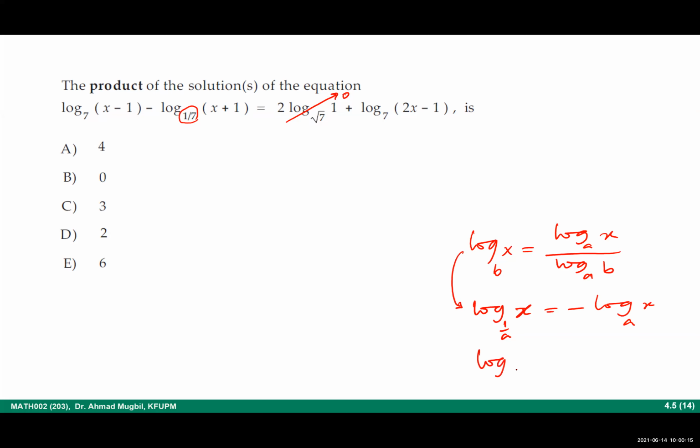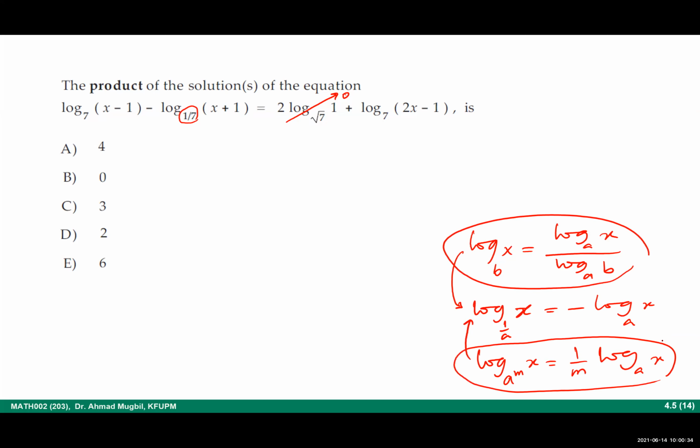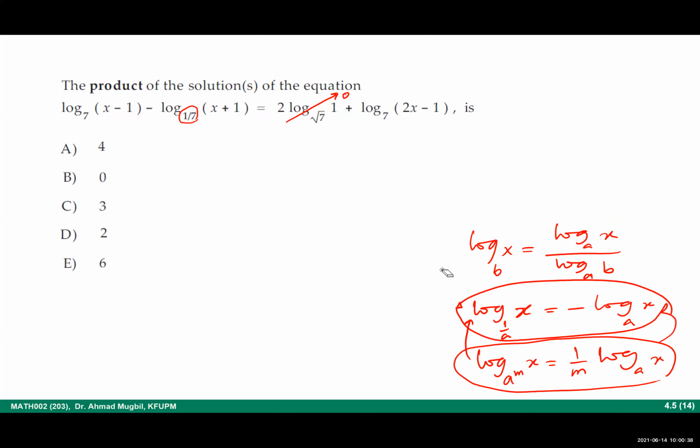Also, I told you that log a to the power m of x is 1 over m. You can apply this one also. This one also comes from here. So this is the most general formula, and this one, then this one, and this one are special cases of the last one.